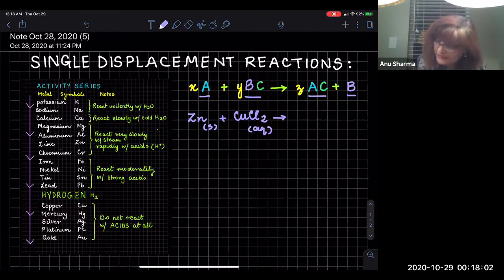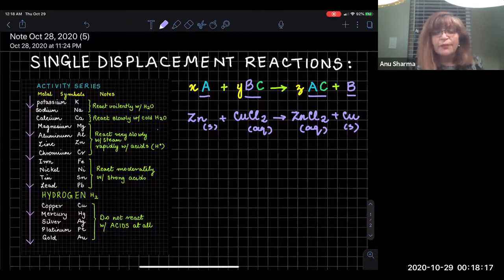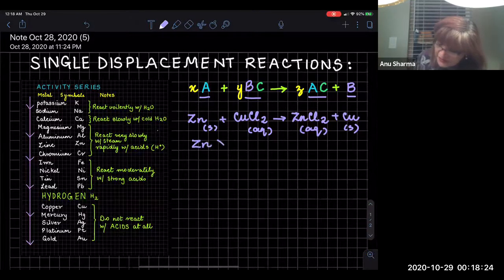Therefore, zinc has the power to liberate copper, and it is itself going to form zinc chloride, which is soluble in water. And copper is seen as a solid, either plated or sitting in the solution. So this is one example. And this works because zinc is above copper in the activity series.